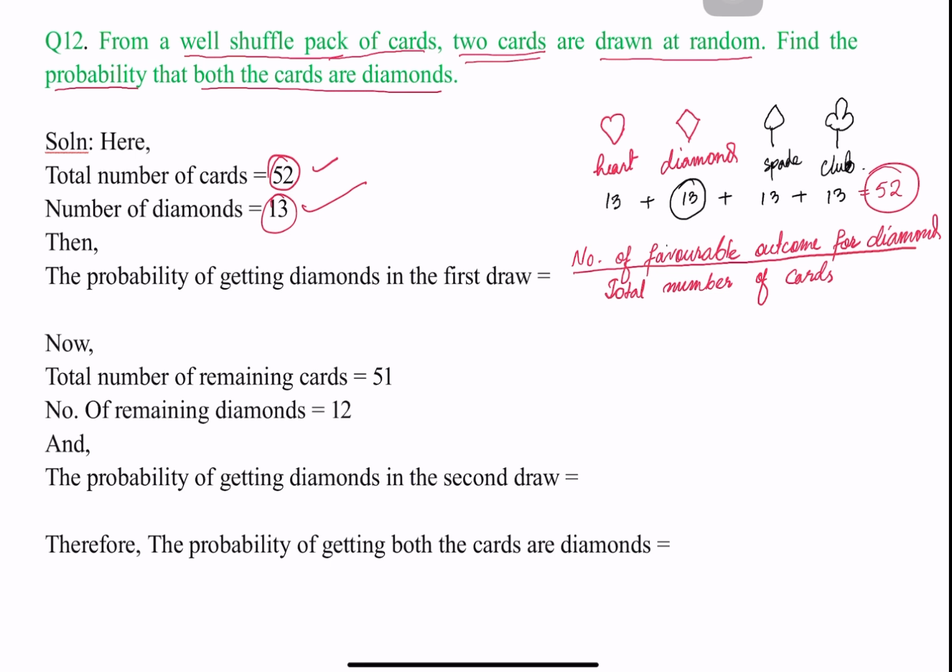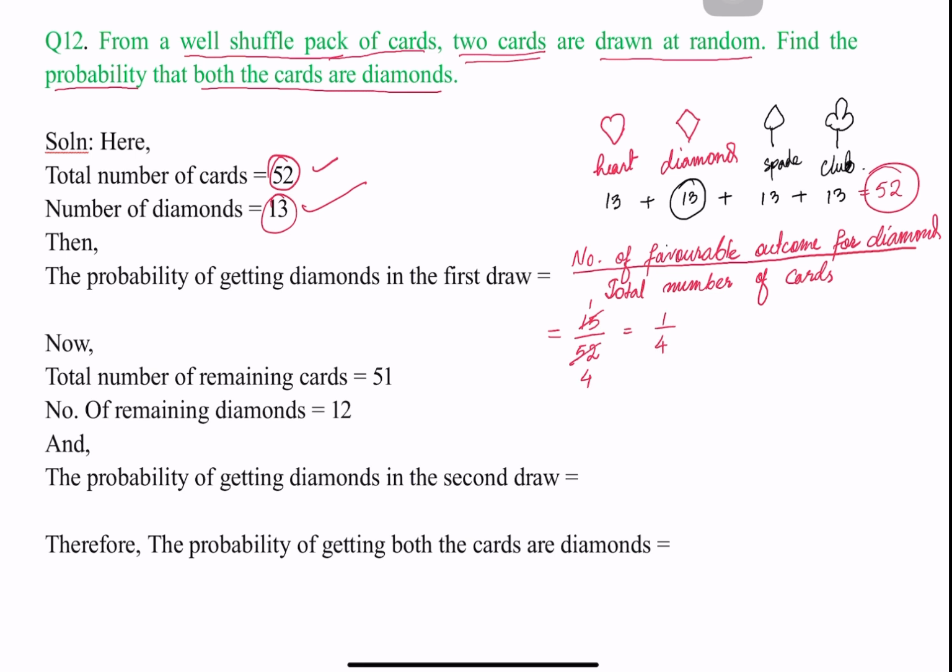You have to remember this formula always. To find the probability of diamond, the number of diamonds has to be put at the numerator and the total number always at the denominator. So what is the answer? The answer is 13 by 52. We can simplify to the simplest form: 13 1 is 13, 13 4 is 52, so we have 1 by 4.